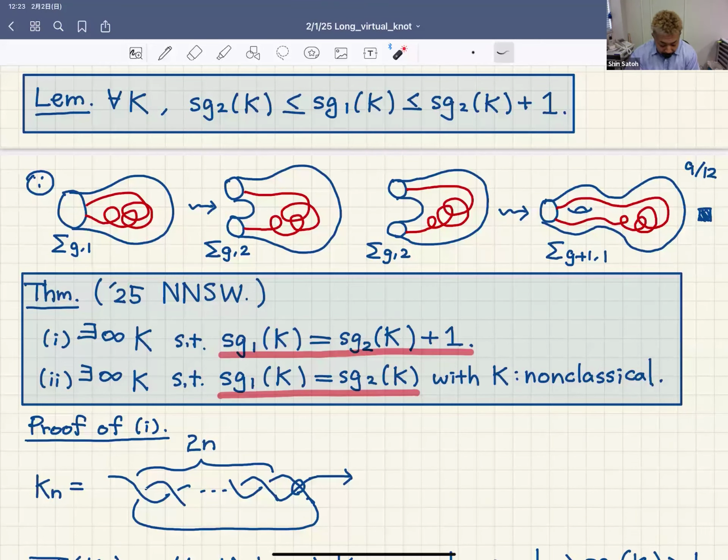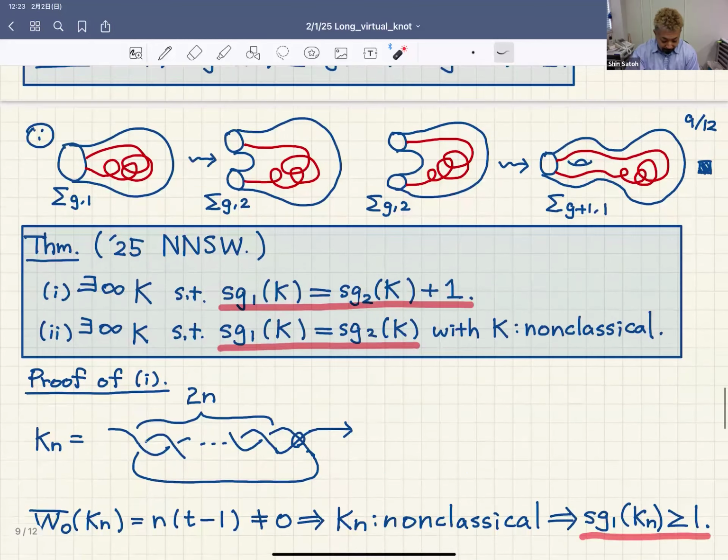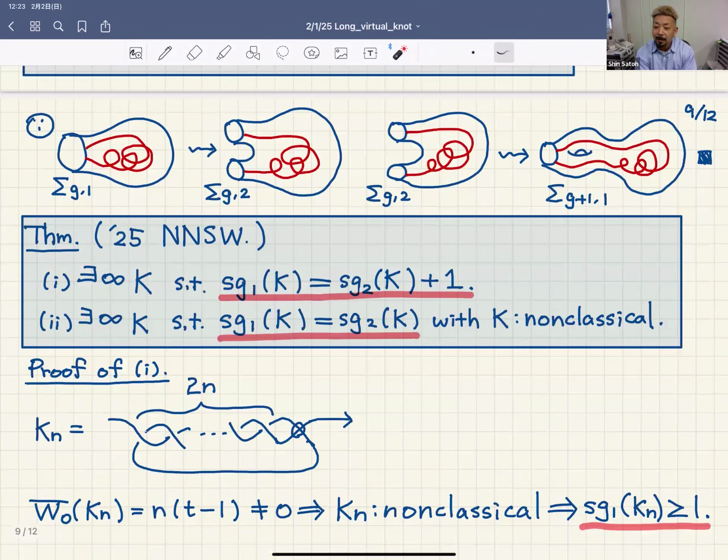we consider this long virtual knot Kn. It is obtained from a 2n plus 1 torus knot by replacing the rightmost crossing with a virtual one here.